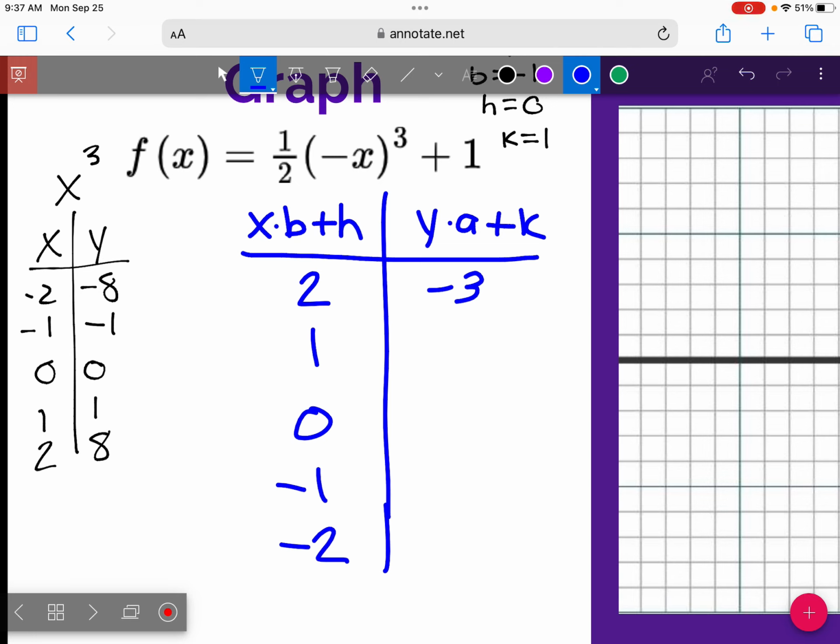-1 times our 1/2 gives us -1/2 plus 1, positive 1/2. 1/2 plus 1 is 1.5.